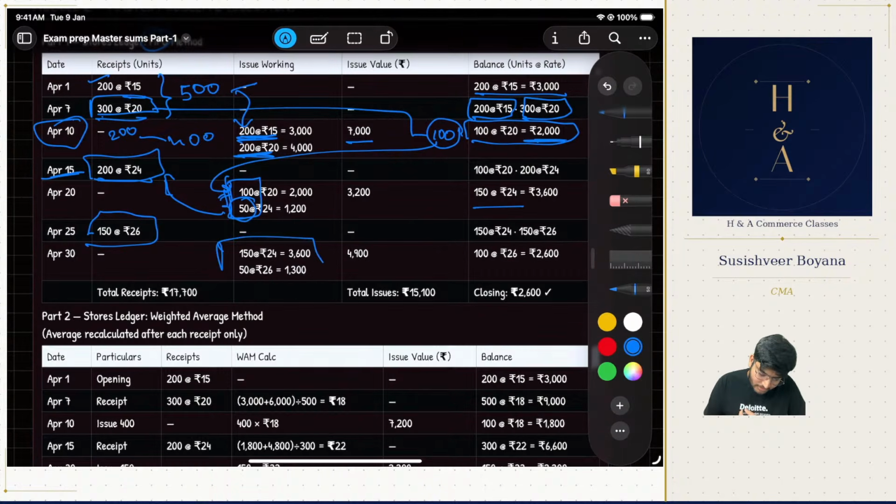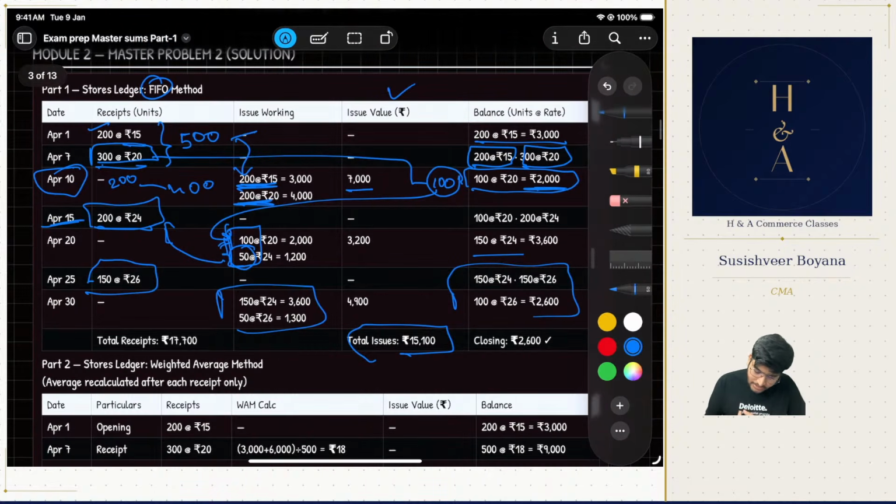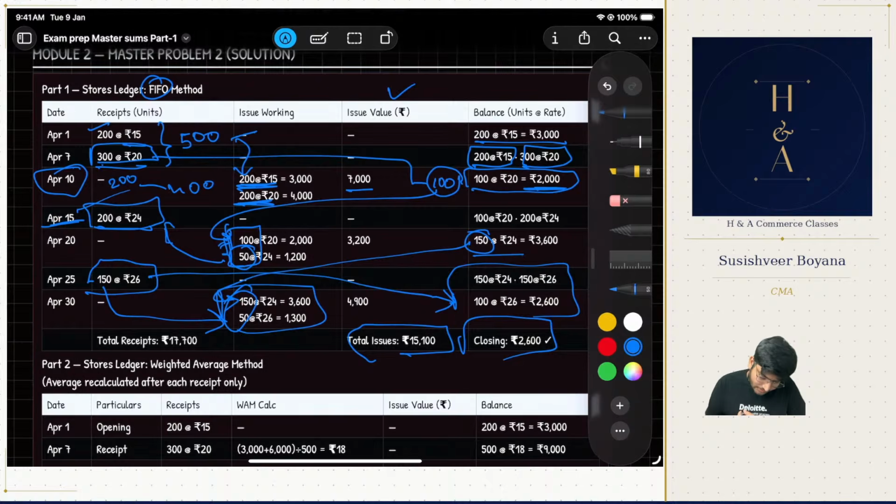Again, we repeat the process and we are done. So total issues value will be coming from the issue value column and the balance. At the end, there was an issue of 200 units. Here we already had 150 units from April 15th stock. 200 units, 150 is done. From 150, we used 50, done. That means 100 units is going to be left out of April 25th stock. 100 into 26, it's going to be 2600.